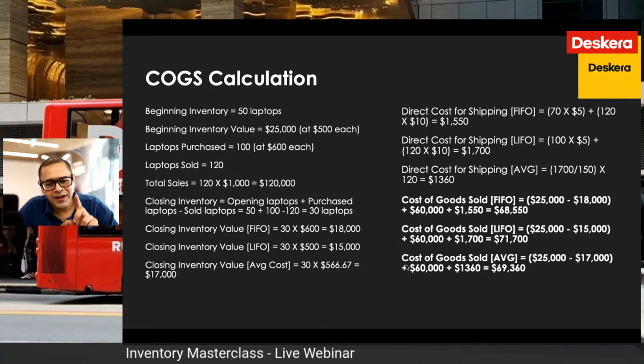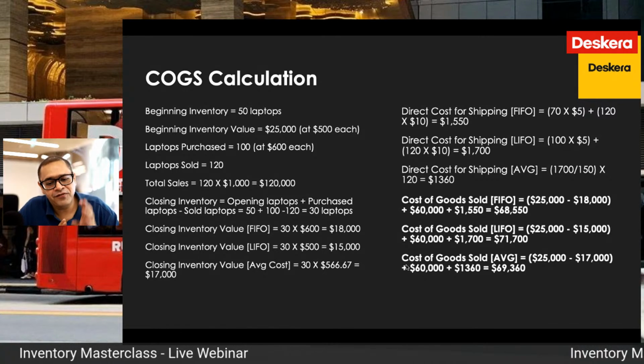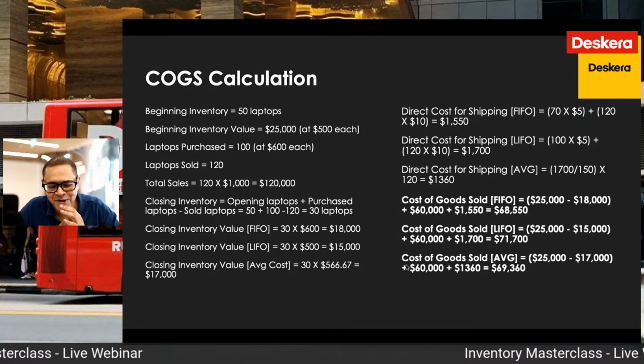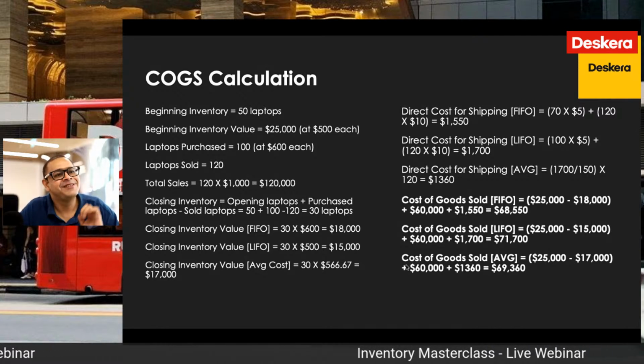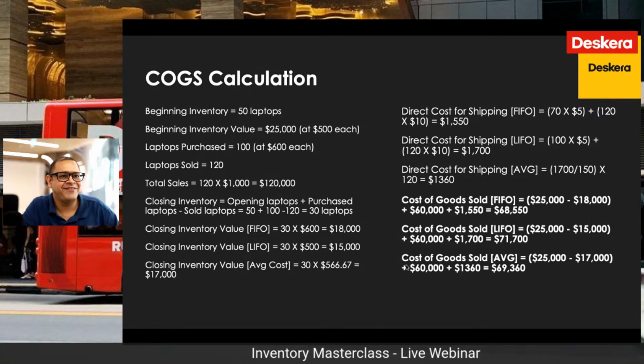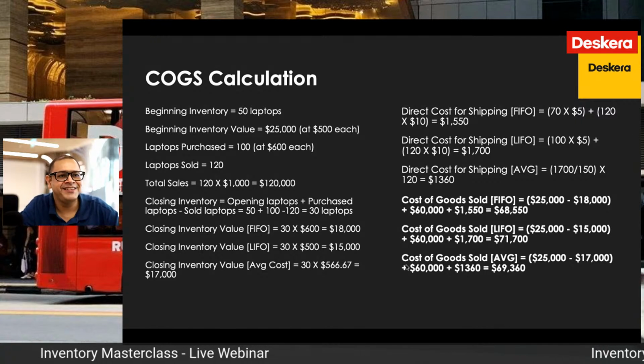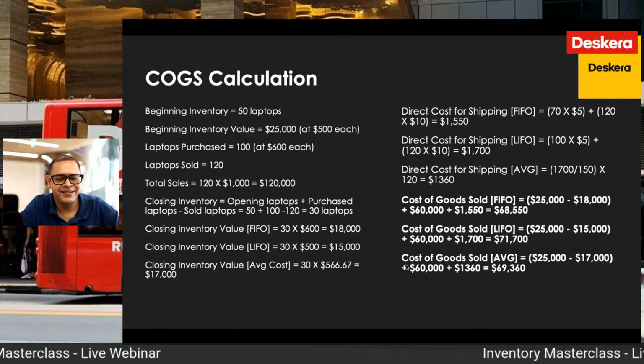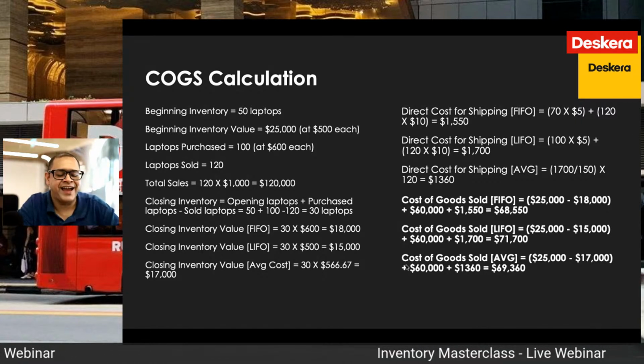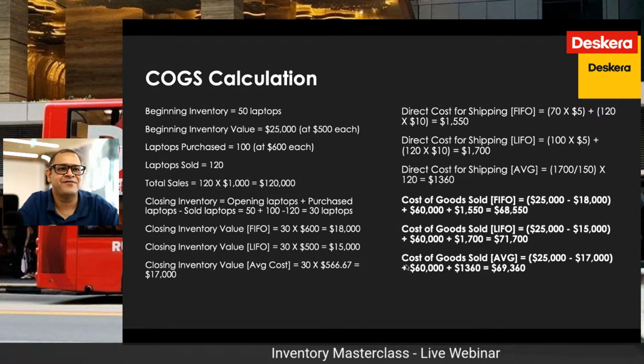Now, if you look at direct costs for shipping for LIFO, there is a difference. With that understanding, David, would you like to take a shot at explaining the difference between the numbers for direct cost for shipping for LIFO versus FIFO? Sure.